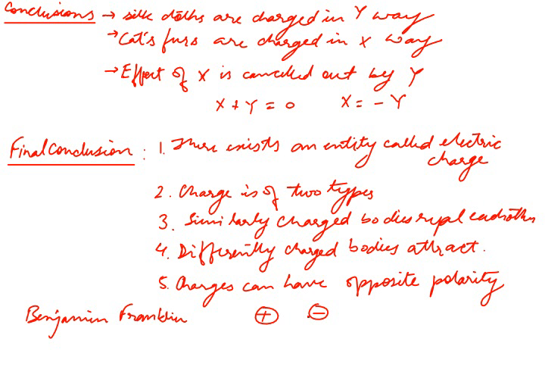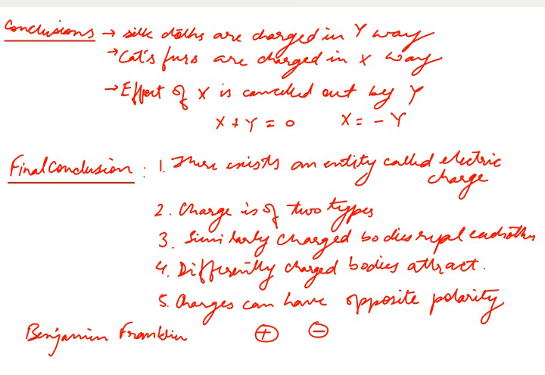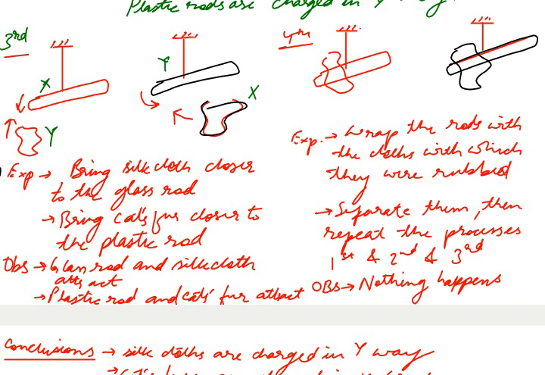And one more conclusion you can derive from the observation of the third process: when we brought things which were rubbed together closer, they attracted. Means when things are rubbed, if one thing gets charged in X way, then the other thing will get charged in Y way.